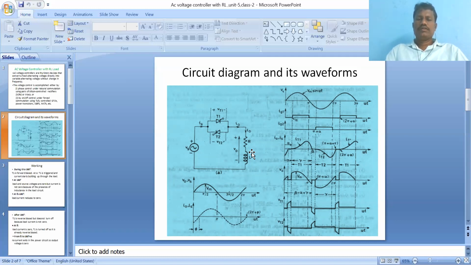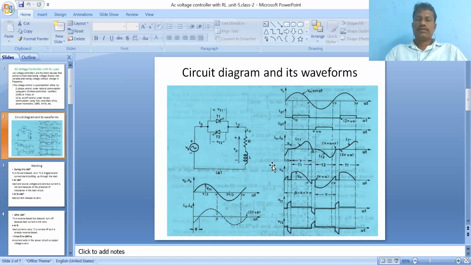But in this concept, one element is added to the load, that is the inductive load. Due to the presence of this load, during every past half cycle the inductor stores energy. Whatever energy is stored during the half cycle is again transferred before the firing pulse is given to thyristor T2. So there is a chance of some negative voltage being present before the firing pulse is given to the second thyristor.